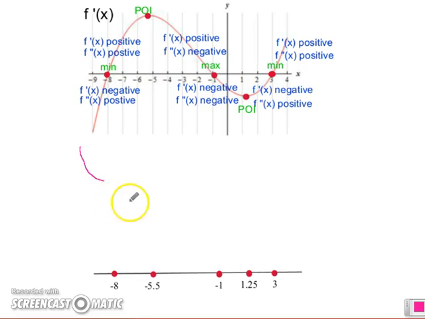And then at negative 8, there's a horizontal tangent line, and then it changes to increasing, and there's a minimum right there. So from negative 8 to negative 5.5, it continues to increase, continues to be concave up, and then at negative 5.5, it changes. There's a point of inflection, and it's continuing to increase.